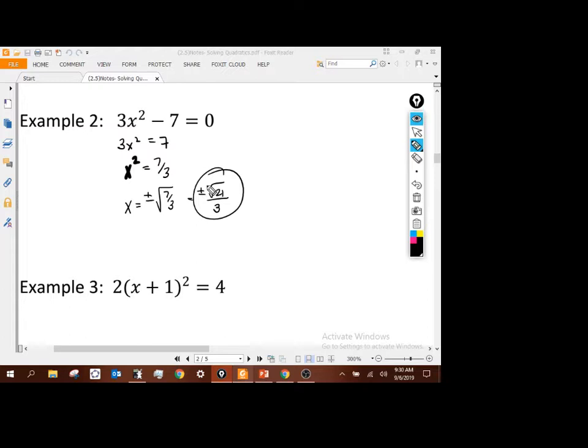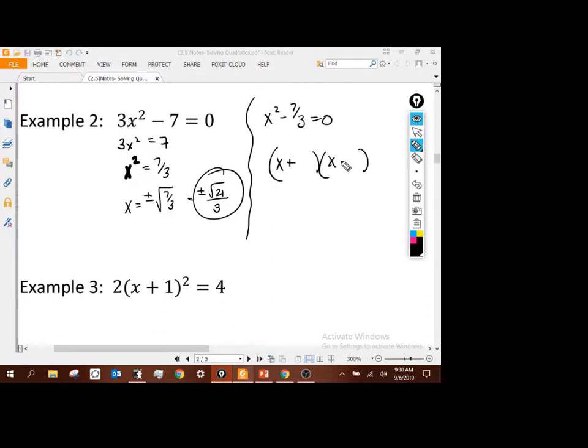Okay. Now, if I wanted to use the conjugate technique, that's fine, but I need a difference of perfect squares here. Well, what I'm going to do first is divide everything by 3. Get x squared minus 7/3 is equal to 0. The reason I want to do that is so that I can set up my conjugates so they both have an x in front of their factors.